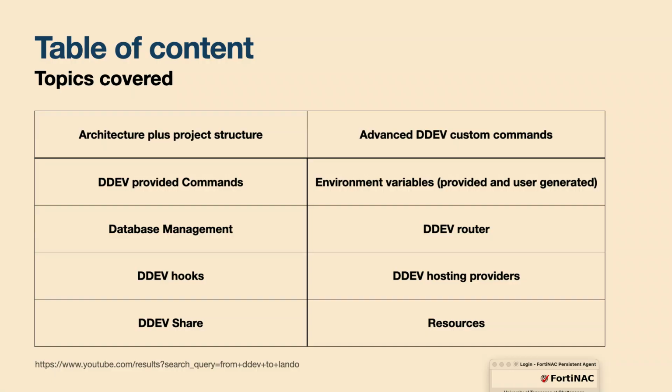So today we're going to cover a little bit about the architecture and the project structure. What does it look like when you get started with DDEV? What tools do you need? A little bit about the DDEV commands, how you manage a database, the hooks, and a couple of other things. I have a couple of examples that might be exciting for you, because you might be triggered by the fact that, oh, I didn't even know that was a possibility.